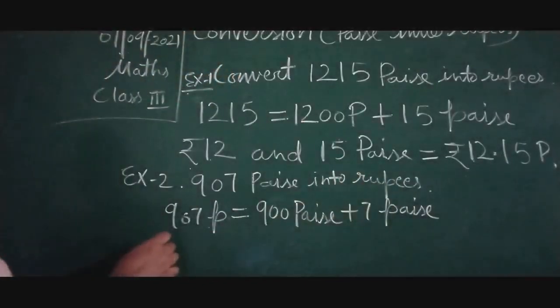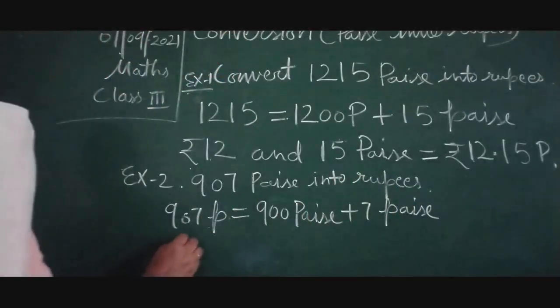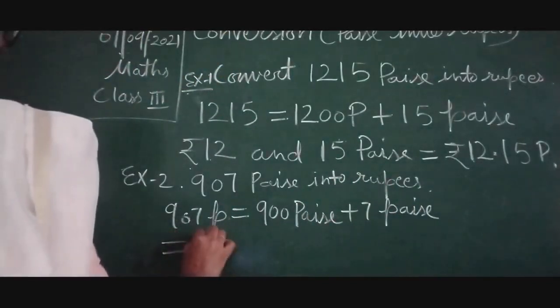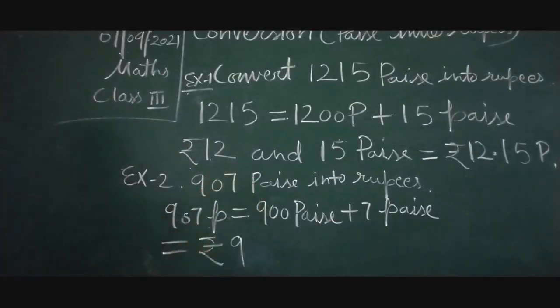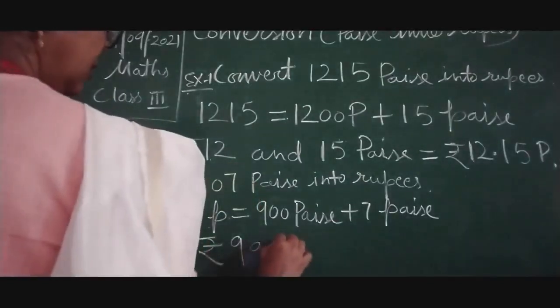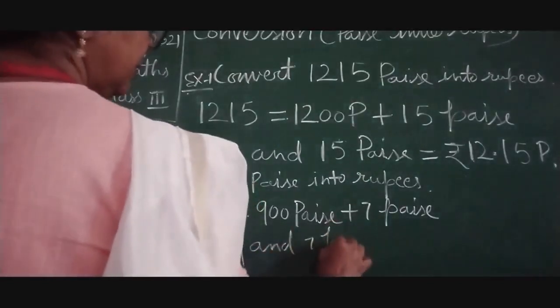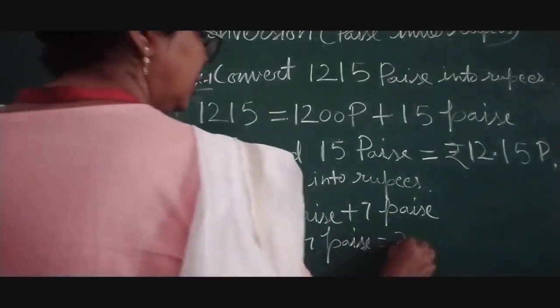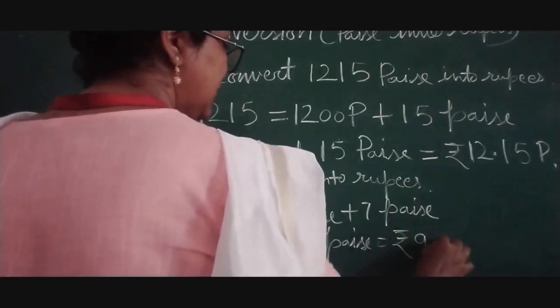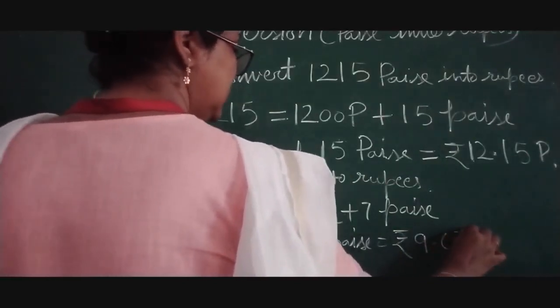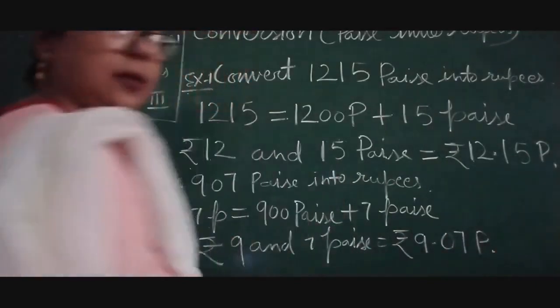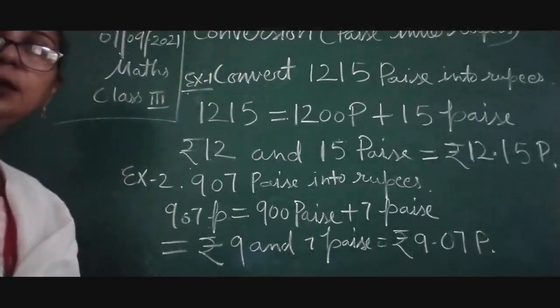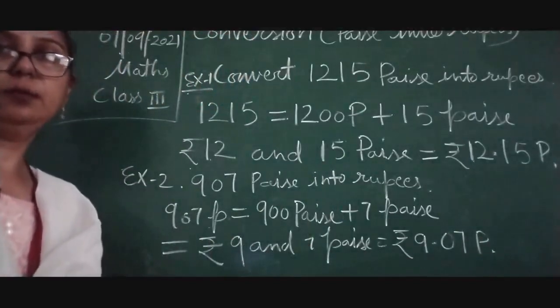So here 900 paise will become equal to rupees 9 and 7 paise. We will write in short form rupees 9.07 paise.